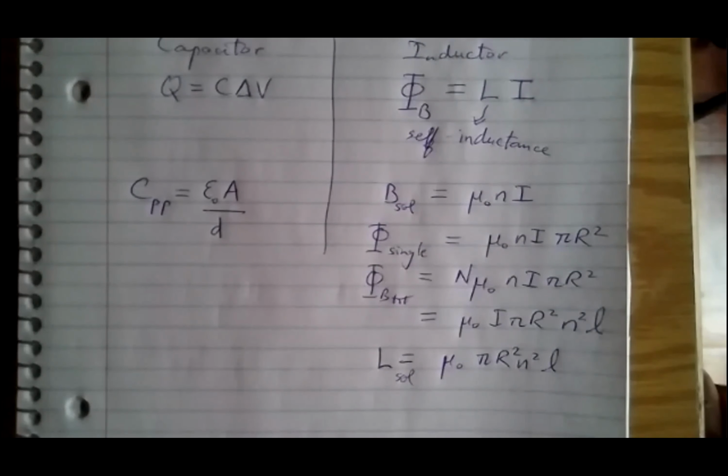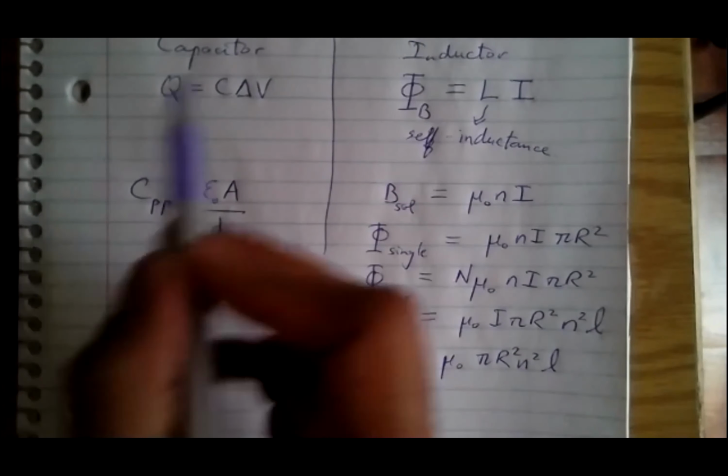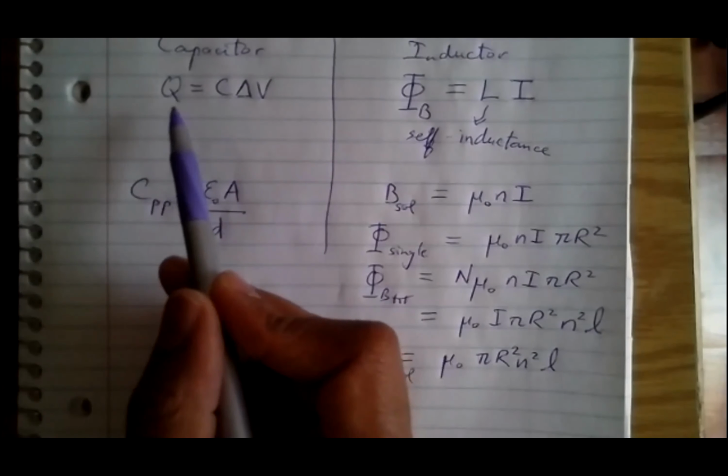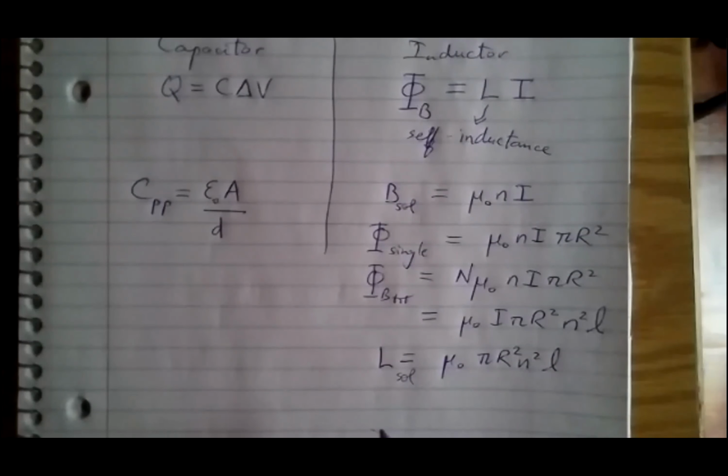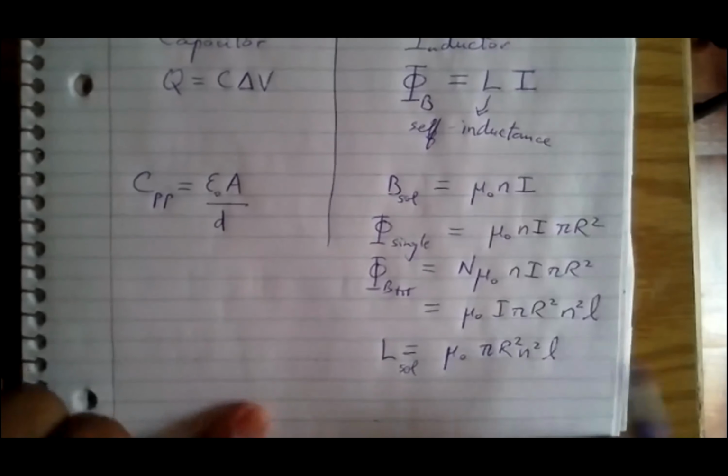So for example, the capacitance was a measure of how good a capacitor was at storing charge, right? It's basically Q over delta V, right? So for a given delta V, how much Q can you cram in?